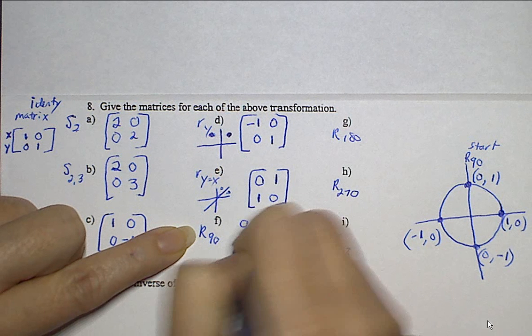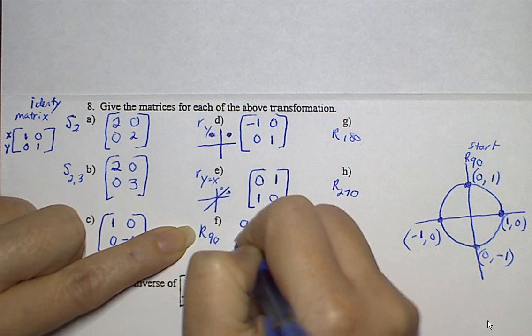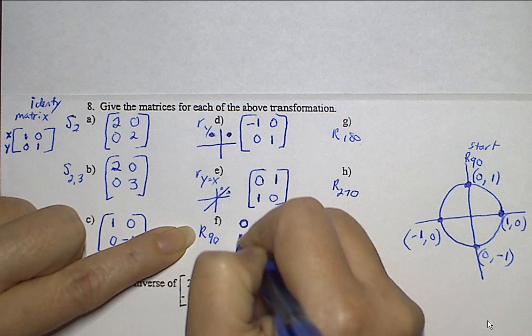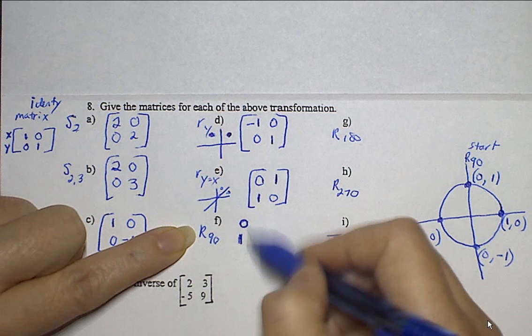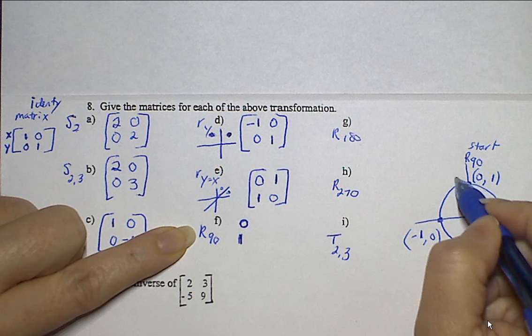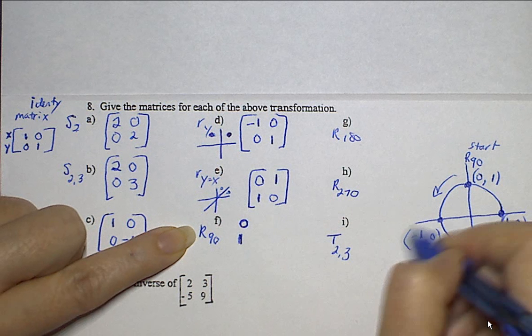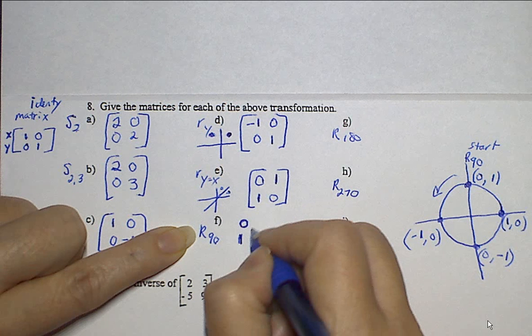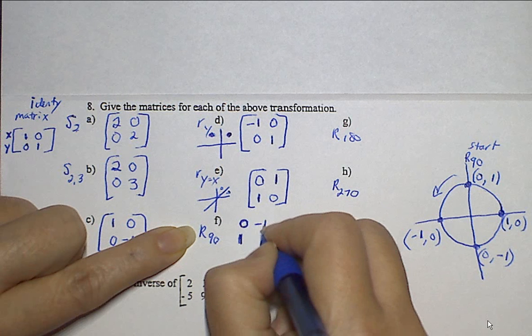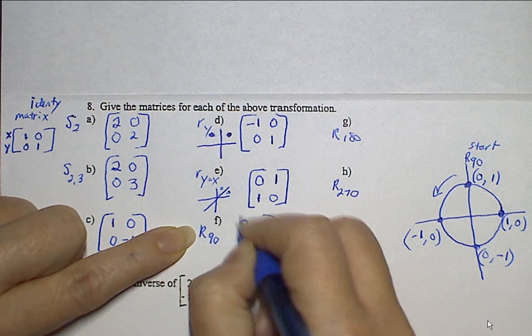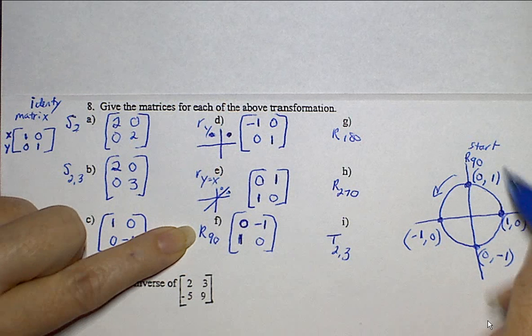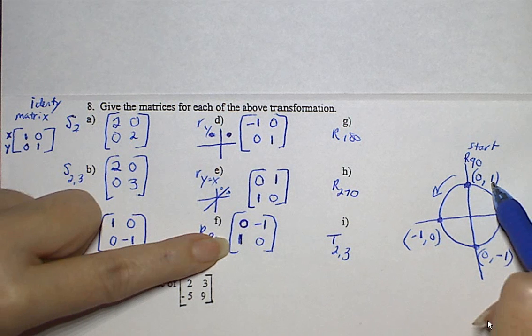So that's your point. Because remember, we have a point goes up and down, so we have 0, 1. Then we go to our next one, so we grab the next set of numbers, which is negative 1, 0. So we had 0, 1, and then negative 1, 0.